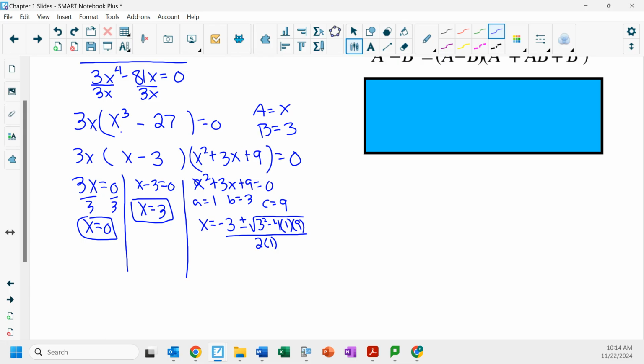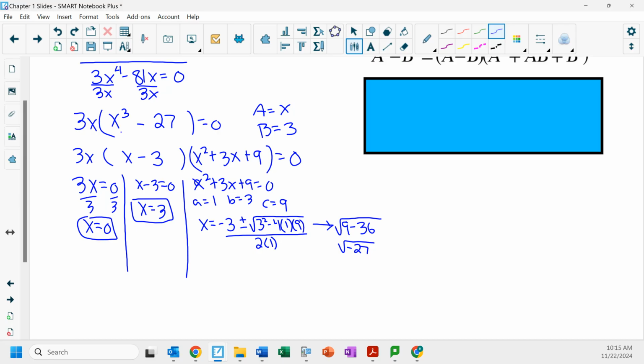So we want to get that radical and simplify that radical, the discriminant part. 3 squared is 9. Negative 4 times 1 is negative 4. Negative 4 times 9 is negative 36. And so 9 minus 36 is negative 27. So what kind of roots are we getting from this one? Well, if it's negative, imaginary roots.